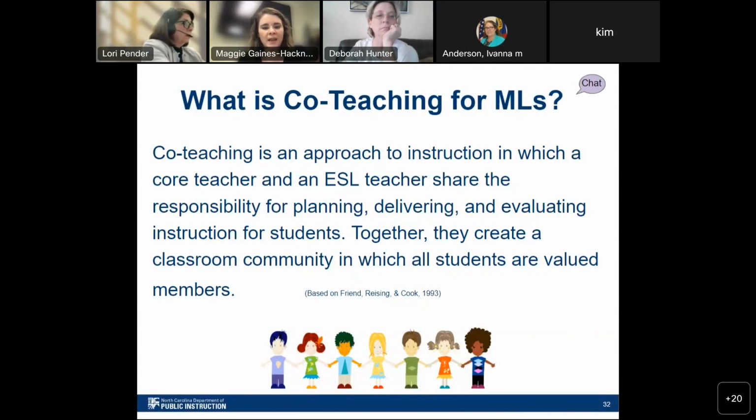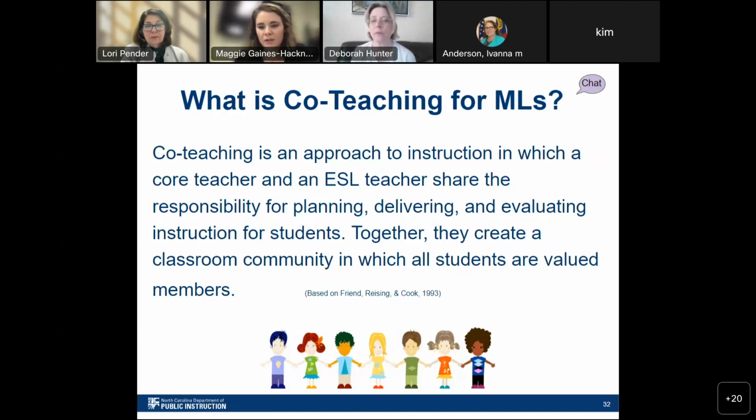What would you say is the most important word in this definition? Hold on to that word as you're reading.